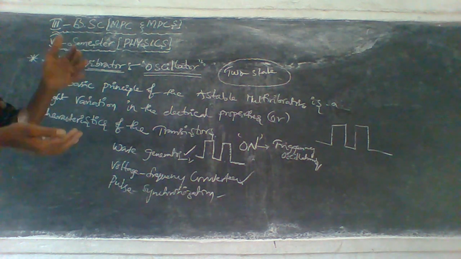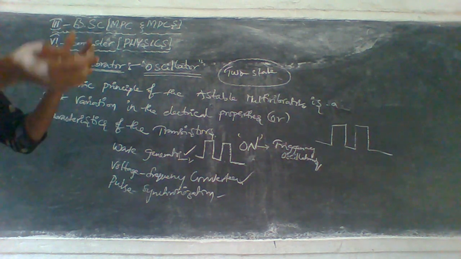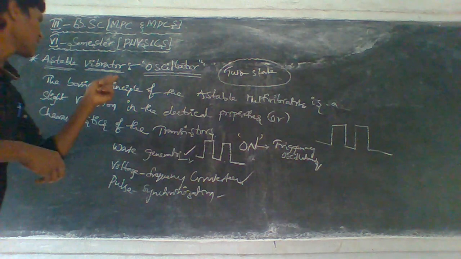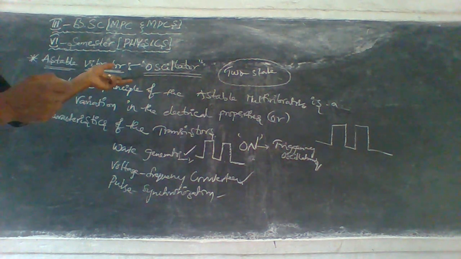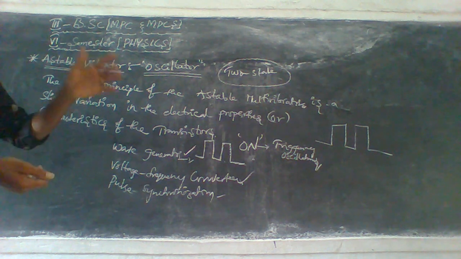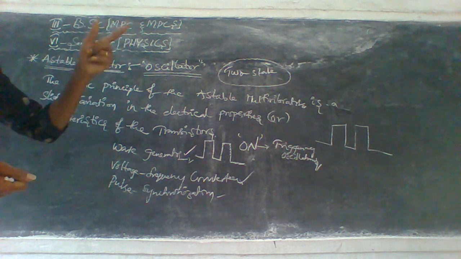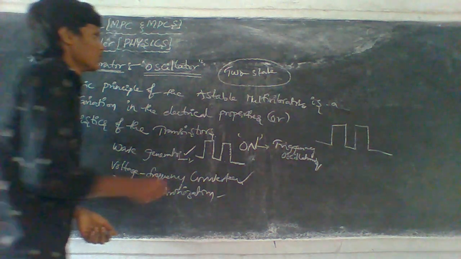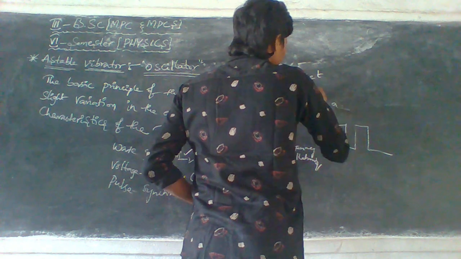The astable multivibrator has an automatic built-in triggering which switches it continuously between its two unstable states, both set and reset.